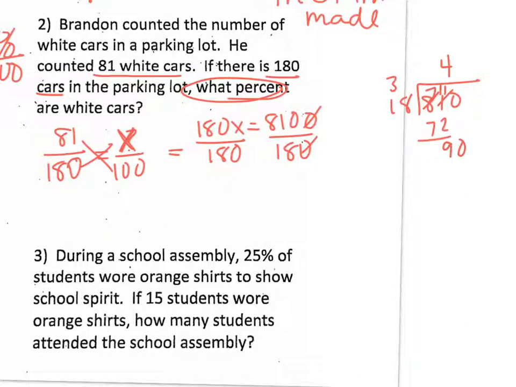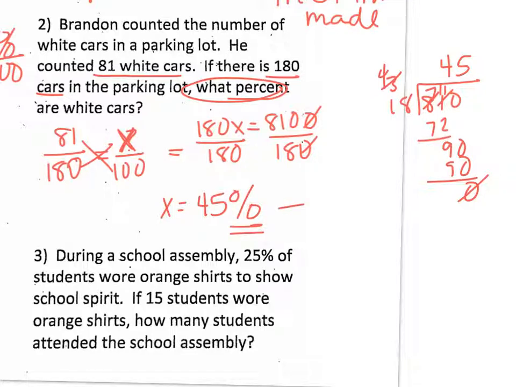So if I look at that, that's 17. So I'm thinking if I up that to 5, that might get me right about 90. And it gets me right at 90. Whew. So there, x is equal to 45%. Remember those labels. Labels, labels, labels.